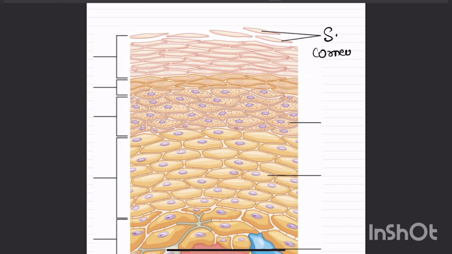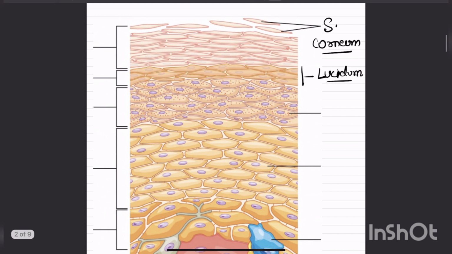It is made up of corneocytes. The second layer is stratum lucidum, and this layer is particularly present over palms and soles. Very important question, as this layer is present only over this area.